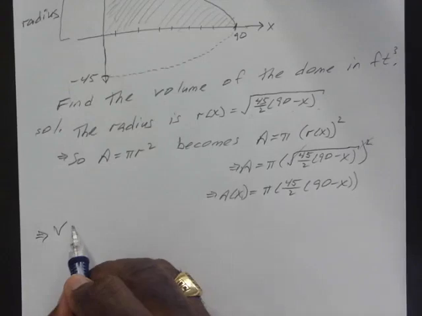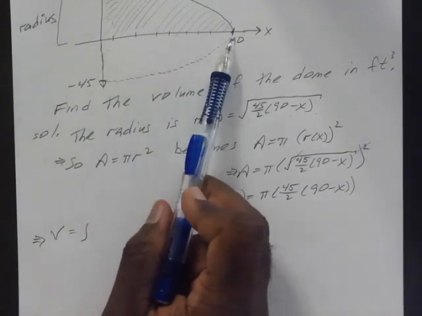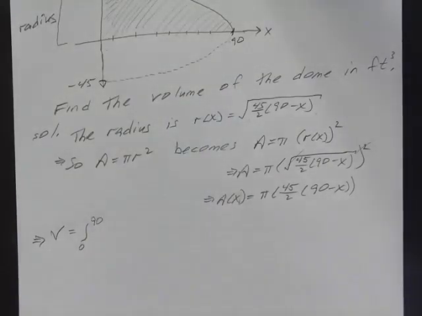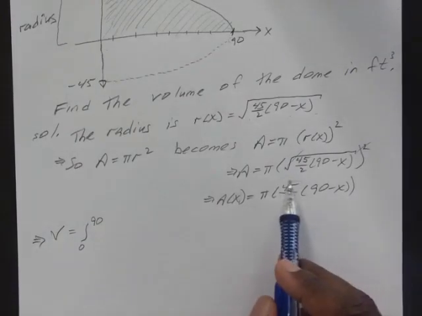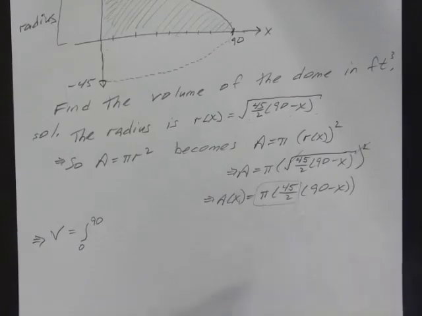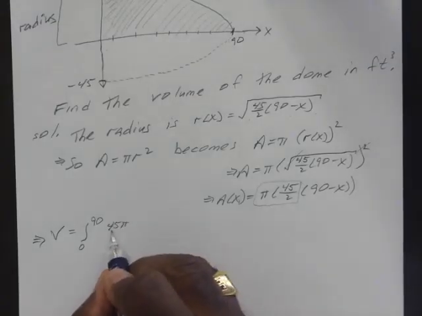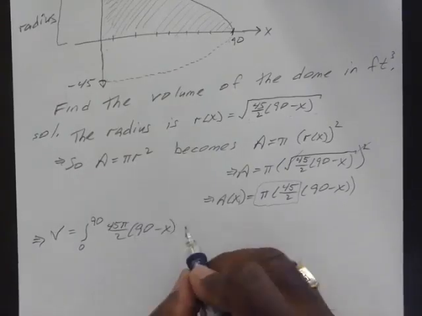So we know that our volume will be equal to the integral from x equals 0 to 90 of your cross-sectional area. I'm just going to go ahead and combine those two factors. So that's 45 pi over 2 times 90 minus x dx.